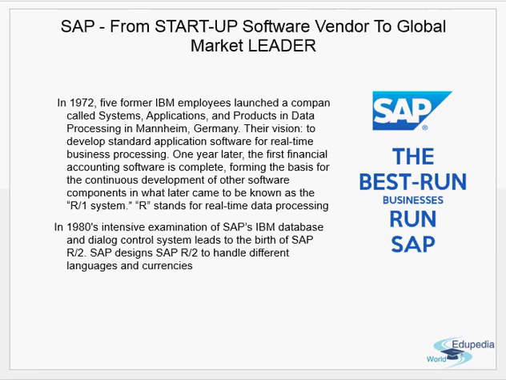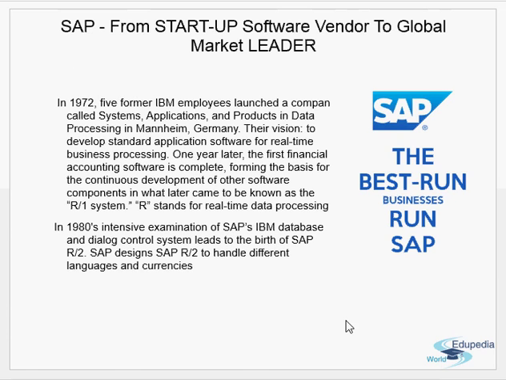In the 1980s, intensive examination of SAP's IBM database and dialog control system led to the birth of SAP R2. SAP designed R2 to handle different languages and currencies. So the first one is the logo of SAP. They say the best run businesses run SAP. In 1972, SAP was established in Germany.